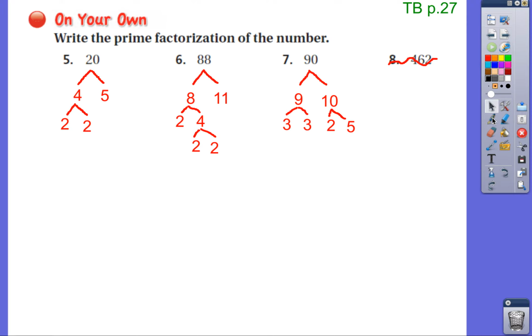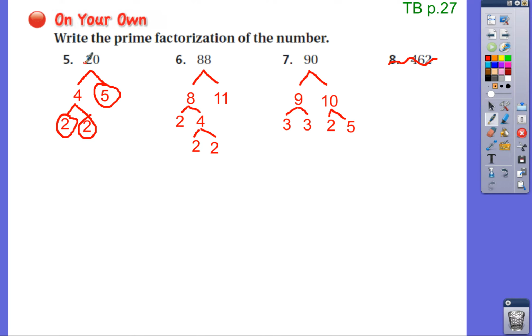Now, I would recommend, and I'll try to do this on the computer, that when you get to the prime number, circle it. I did not, simply because using the computer mouse can get pretty difficult. But once you are done with the prime factorization, you should have gotten 2 times 2 times 5.